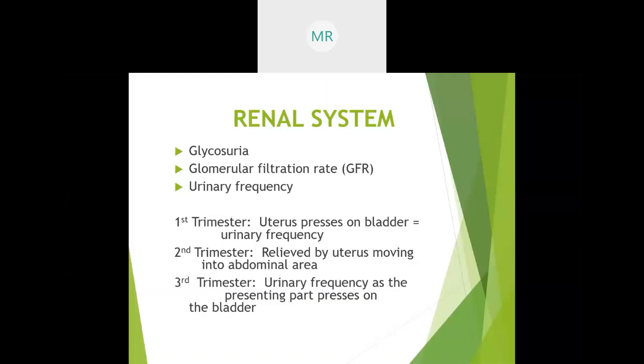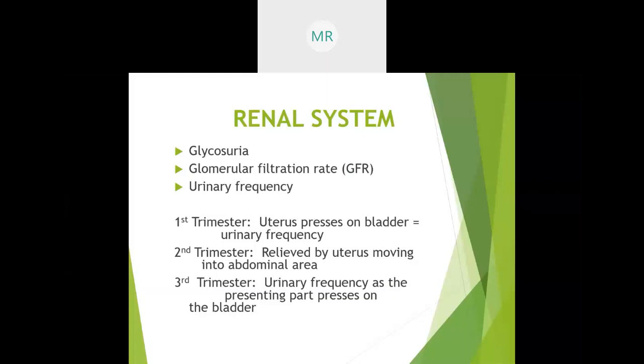Then there's glomerular filtration rate, the GFR, and that increases about 50% during the second trimester, and it will usually remain increased until delivery. Then we've got some urinary frequency changes, okay, and you have it there on your slide. First trimester, the uterus presses on the bladder, and of course, there's a lot of urinary frequency.